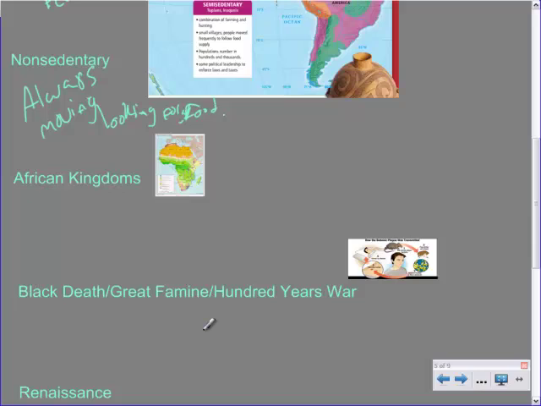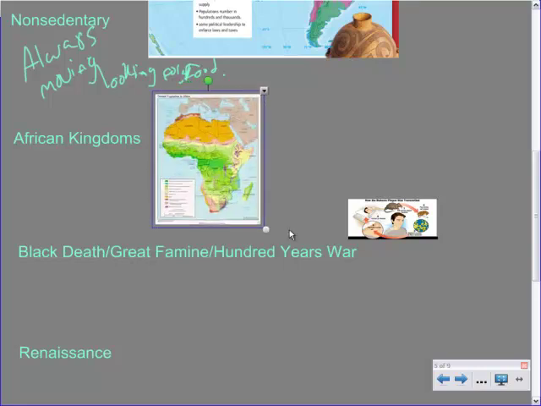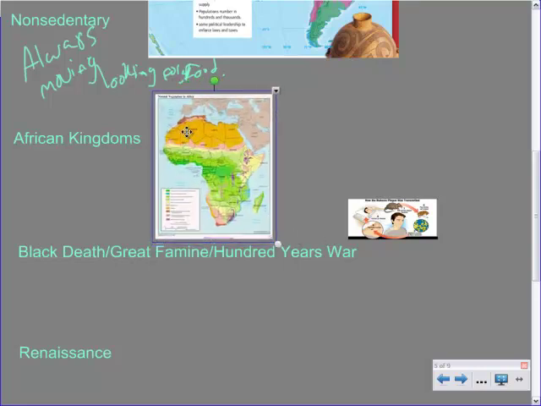Moving on to the African kingdoms. Basically, this map is showing the 3 major zones of the African continent. You have the Sahara Desert, you have the savanna down here in the south, and then you have the rainforests and rivers in the middle.